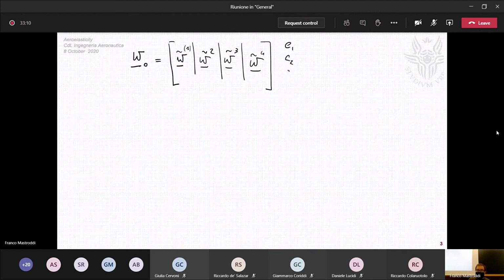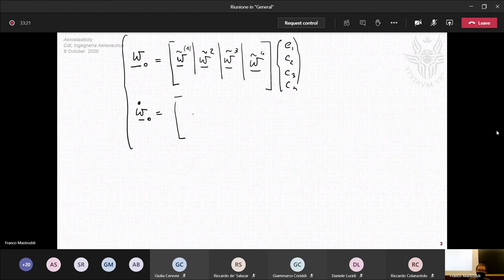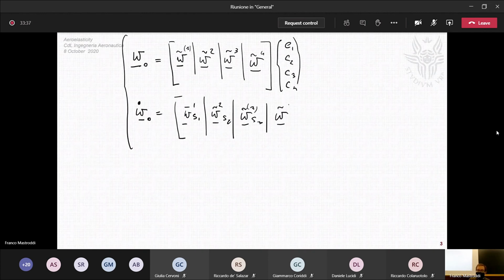C1, C2, C3, C4, and you have the initial condition of the velocity as equal to, in this way, the eigenvector 1 by S1, the eigenvector 2 by S2, the eigenvector 3 by S3, and finally the eigenvector 4 by S4 by the same coefficients C1, C2, C3, C4.